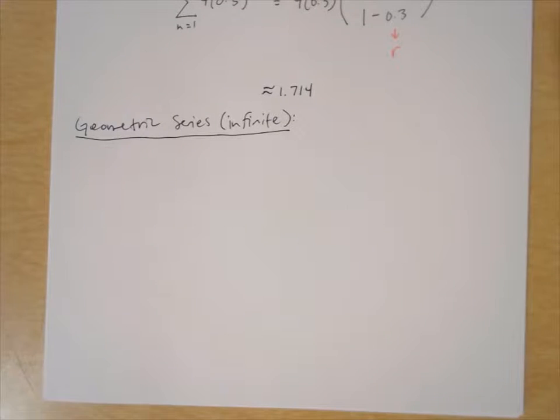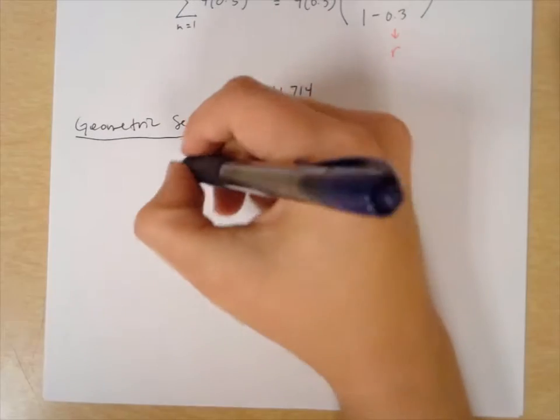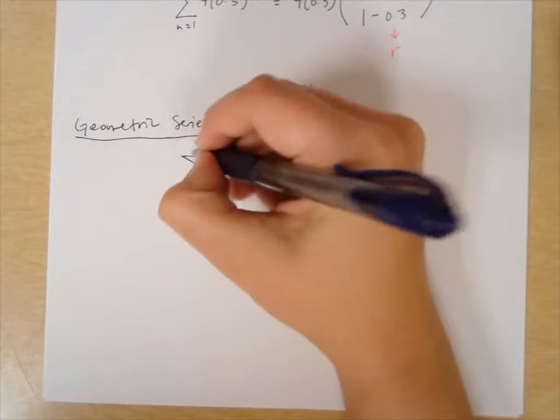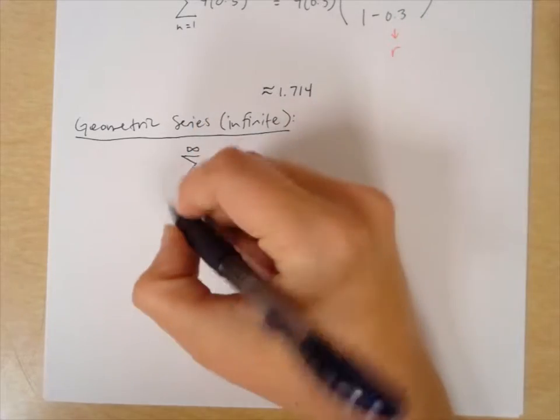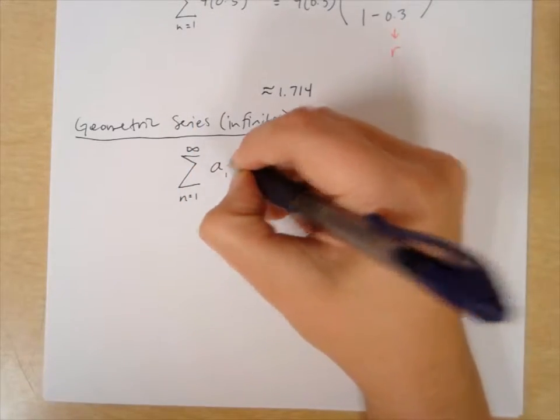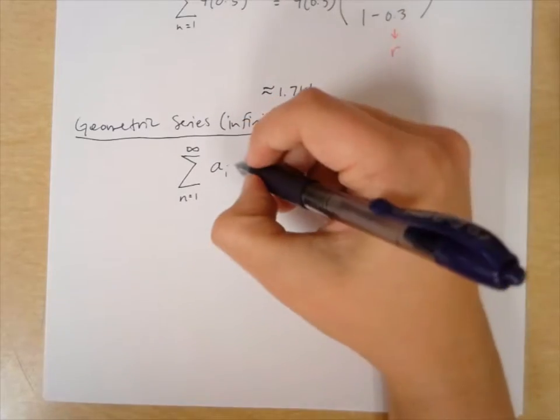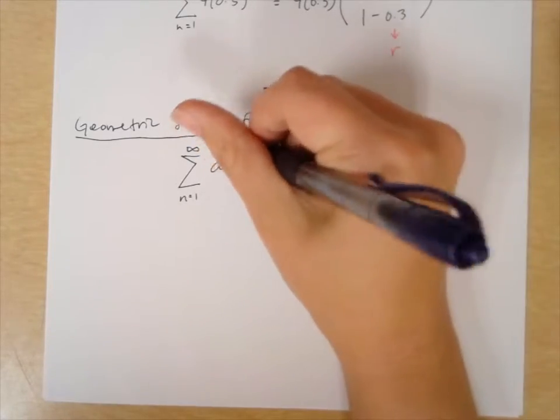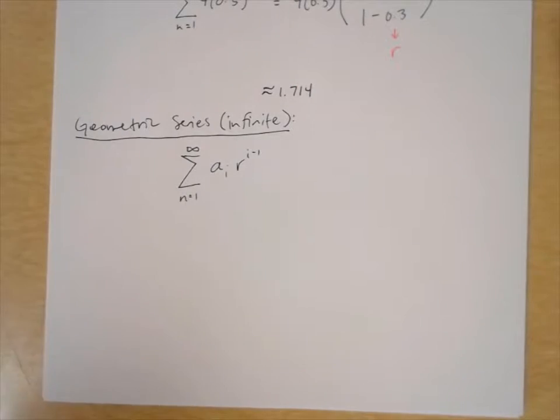Basically, what we're going to have is two scenarios for a geometric series. Normally we could have a sigma with an infinity, and we could say n equals 1, and we could have some a sub i, and then we could have an r to the i minus 1.